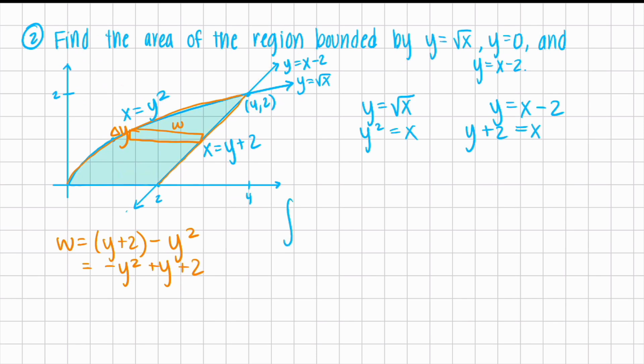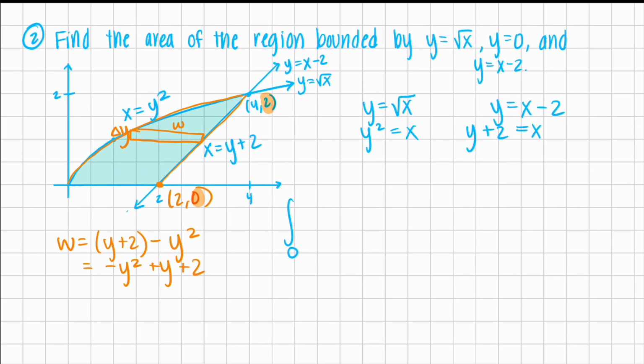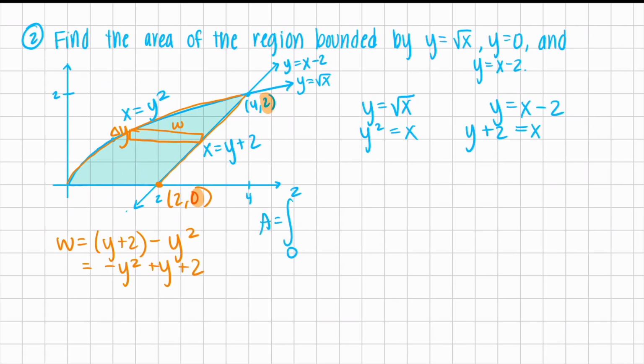And when we integrate in terms of y, I want my y values. So this is the point 2, 0. So I'm going to integrate from y equals 0 to y equals 2. And I have my width, and the height of my rectangle is this delta y, which just reminds us that we are integrating in terms of y.